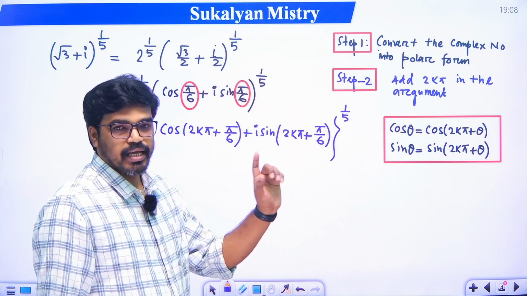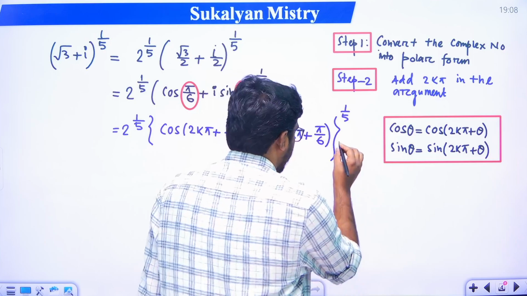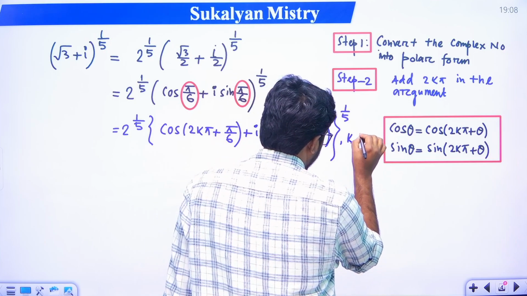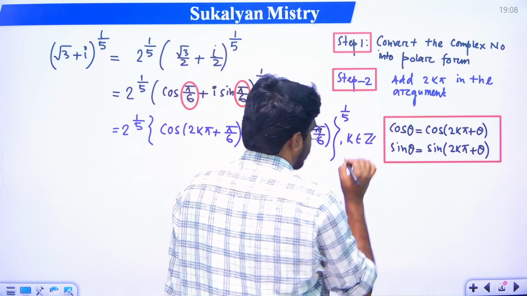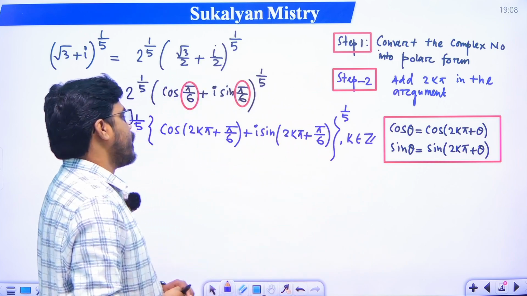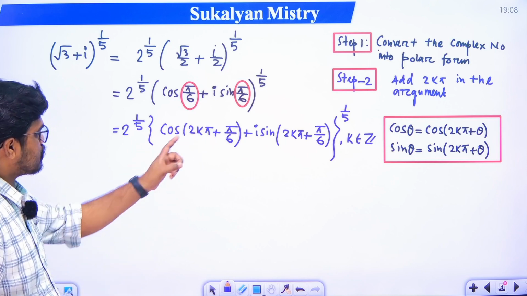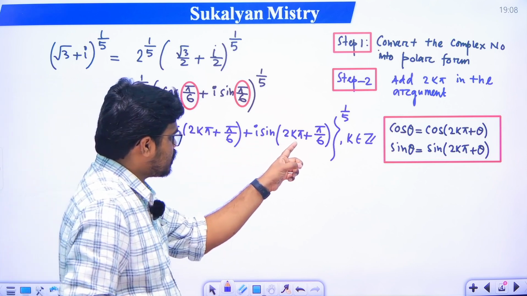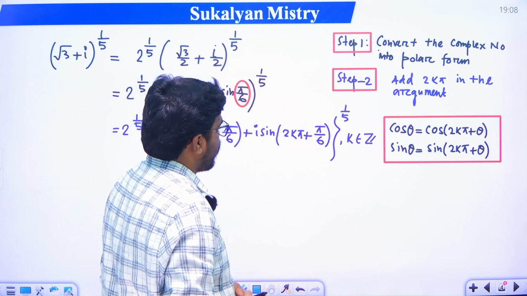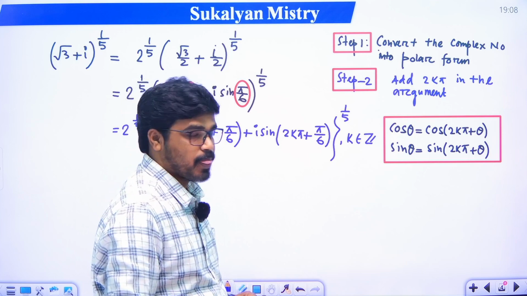What is k? K is an integer, where k belongs to Z, that is k is any integer. Okay. So cos 2k pi plus pi by 6 plus I sin 2k pi plus pi by 6, whole to the power 1 by 5.